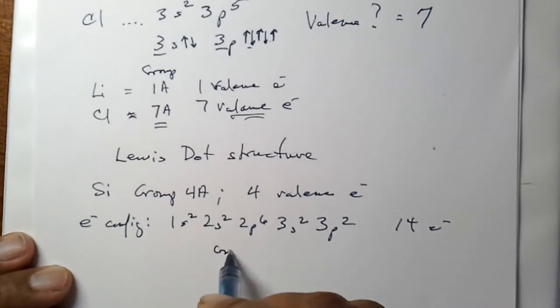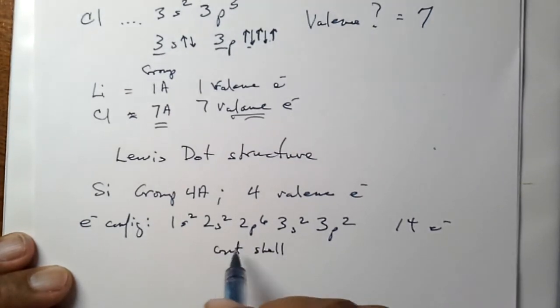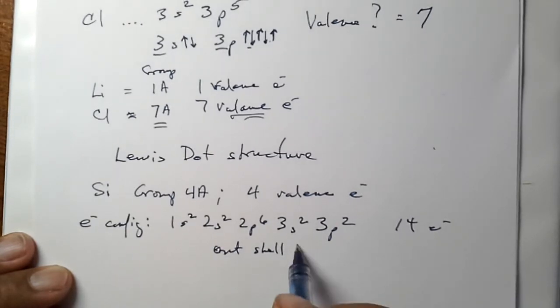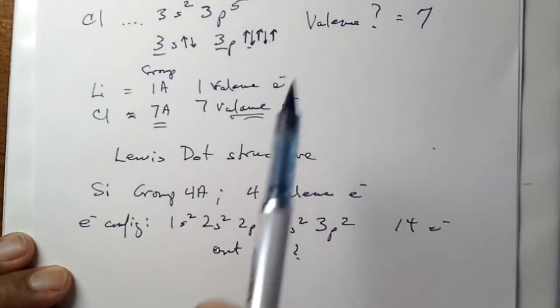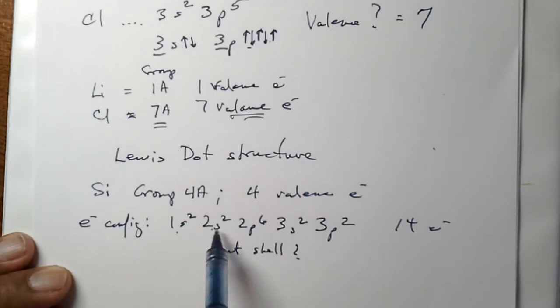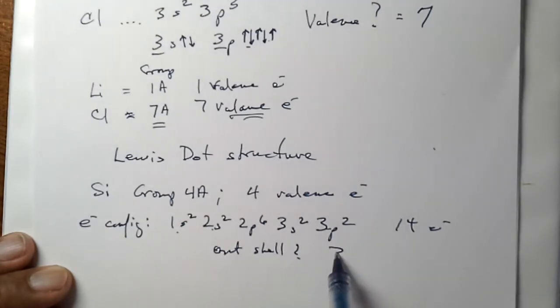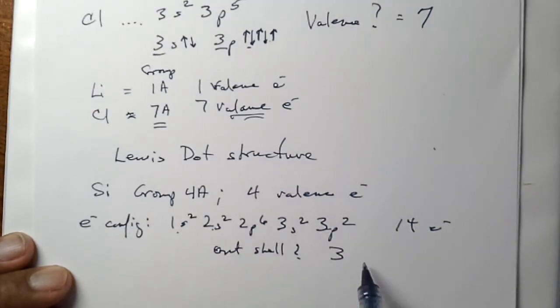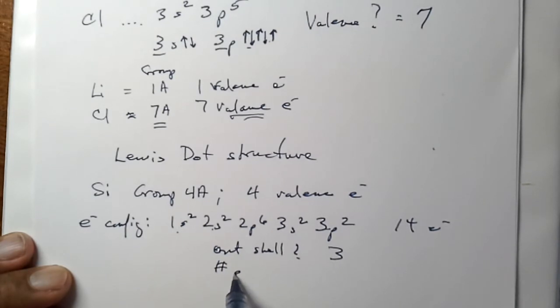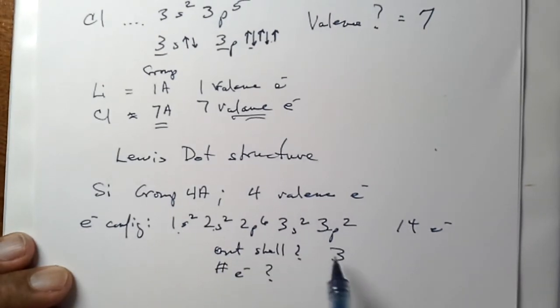And the outer shell, what is the outer shell? Okay, the shells, again, are 1 through 7. 1, 2, 3. The outer shell is 3. And the number of electrons in the outer shell is 4.